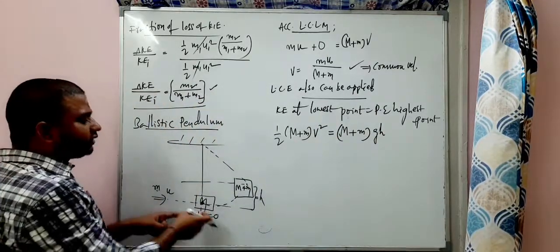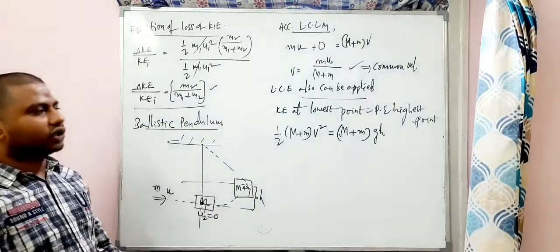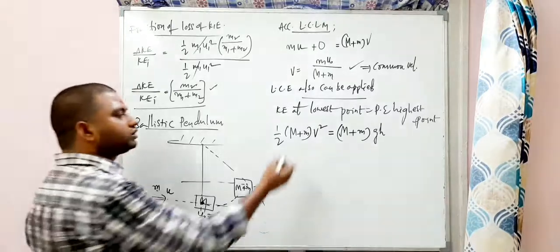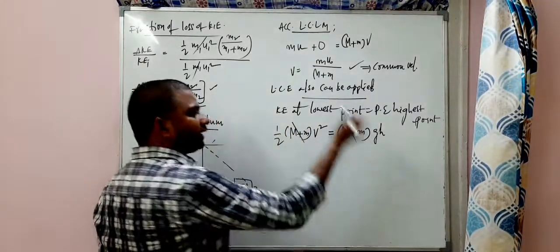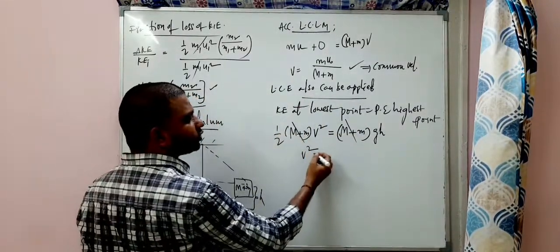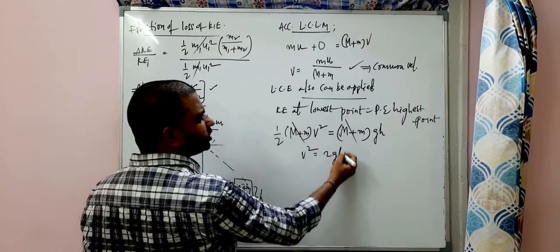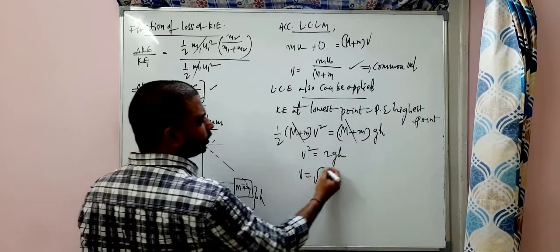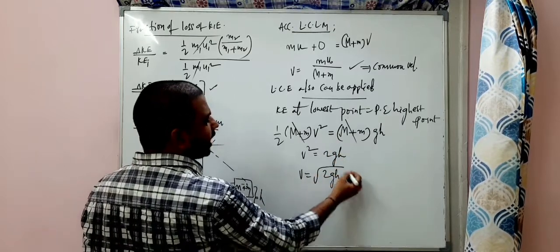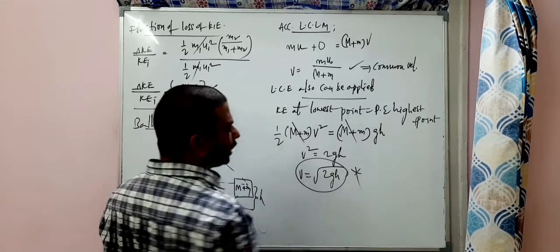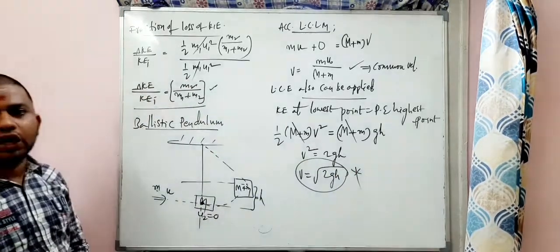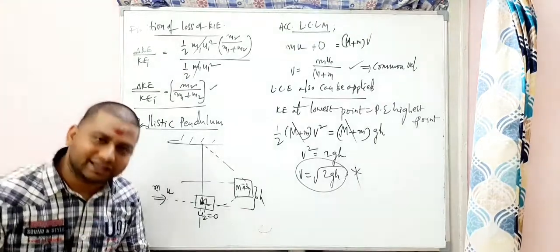You can find how much height the wooden block rises. Because M plus m gets cancelled, we have V square equal to 2gh, and V is equal to root 2gh. This common velocity you can also find by using this formula, root 2gh.